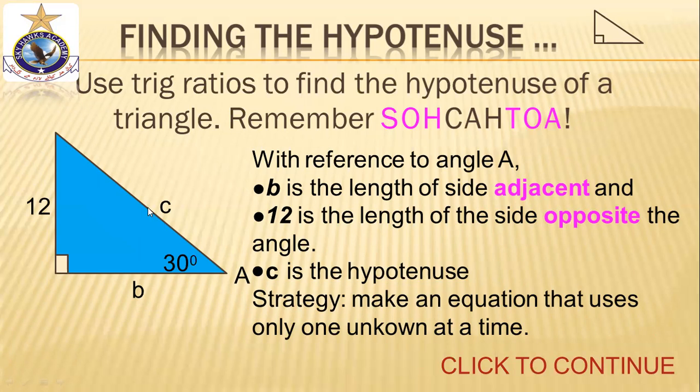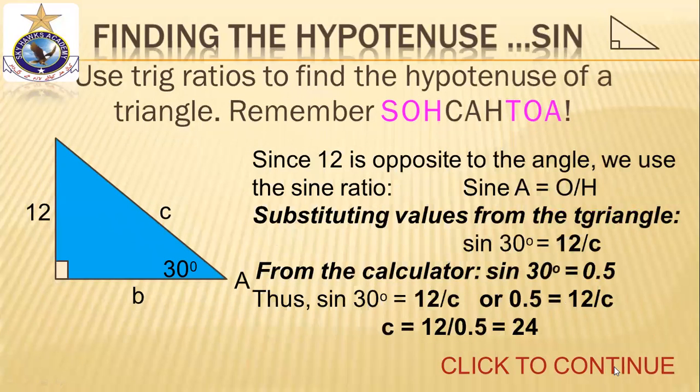Now let's see. We can find out C by using the trigonometric ratios. By using the sine, we can find out. Since 12 is opposite to the angle, we use the sine ratio.